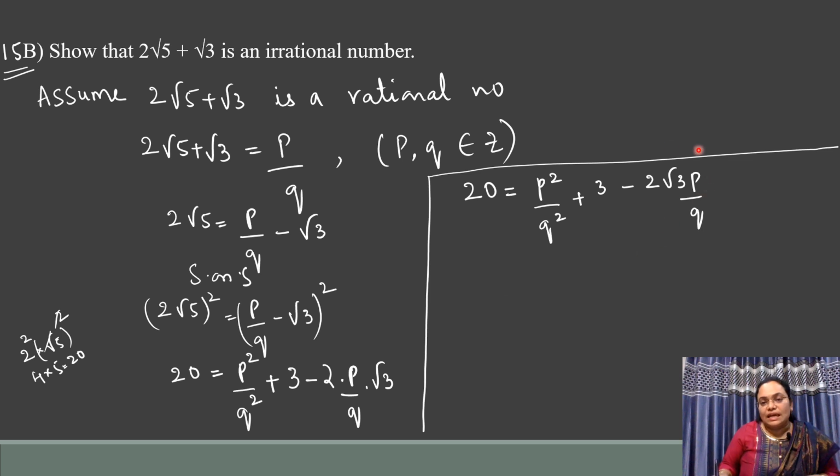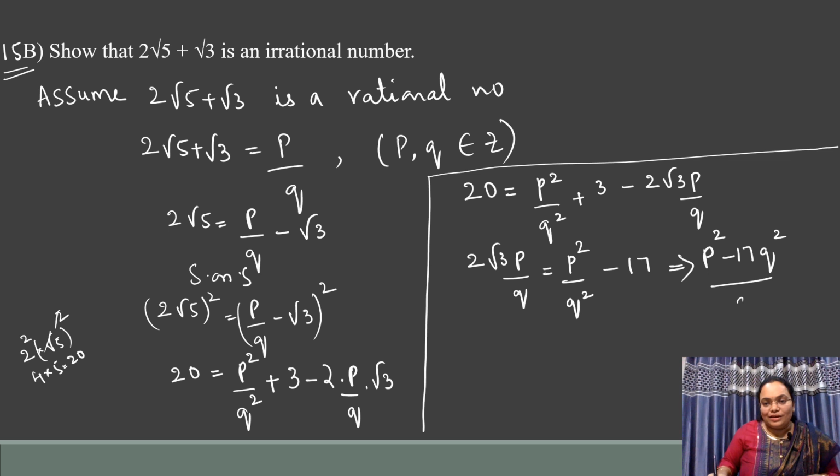So I will get this 2 root 3 p by q to the LHS and send 20 to the RHS. Okay. 2 root 3 p by q is equal to p square by q square minus 17. So if I take LCM, this becomes (p square minus 17q square) by q square.